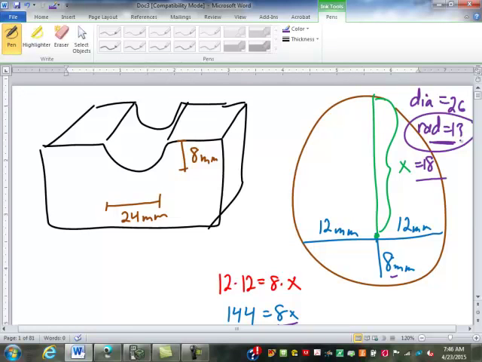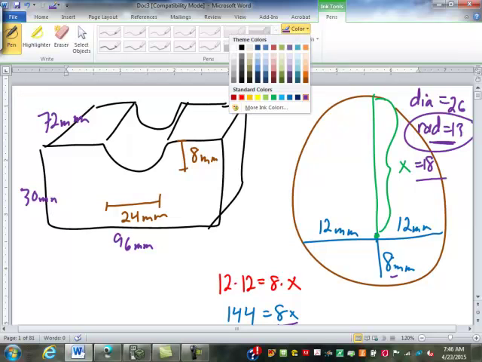Well, for the volume of the whole block, we have 30 millimeters here, 72, and 96. So we can find the volume of the whole block very simply by length times width times height.